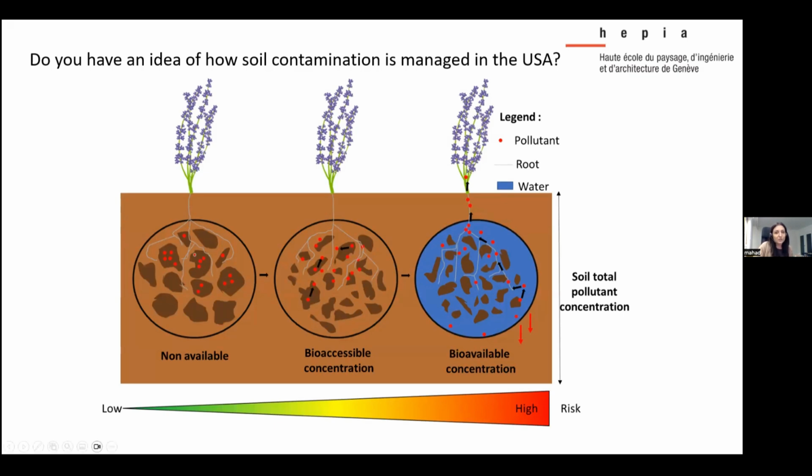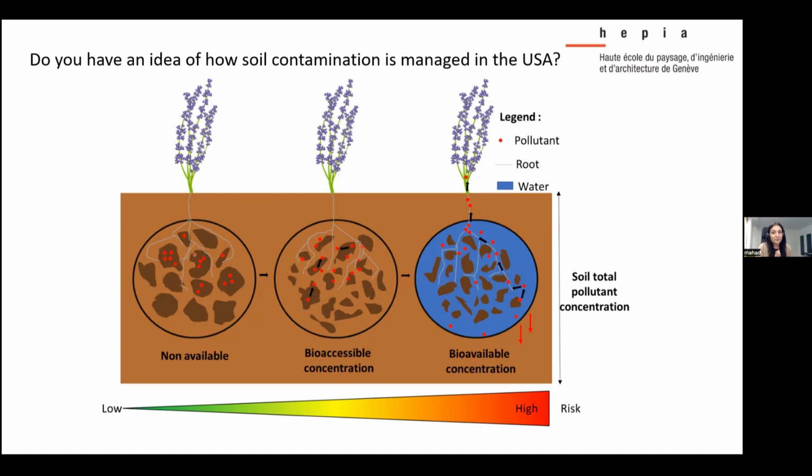This figure shows you the risk of contamination from low to high. In general, when a pollutant is present in the soil matrix, it could be fixed into organic matter, oxides, or clay. It is not readily available to plants and humans, resulting in low risk. So we have the contaminant, but soil aggregation will do the job, and then the contaminant is not available.